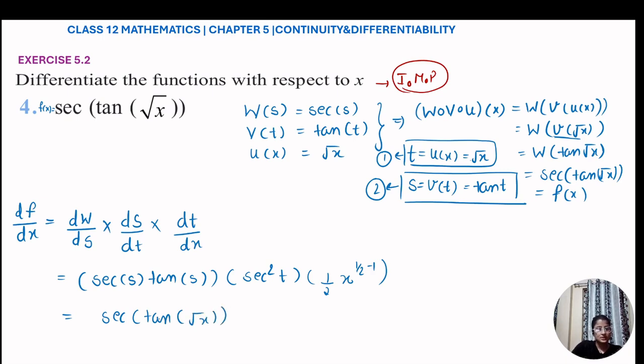So this is sec tan of root x, multiplied by tan of root x, then sec square of t, putting the value of t, our t is nothing but root x, so this will be sec square of root x, then half of root x. So this is our differentiation, right?